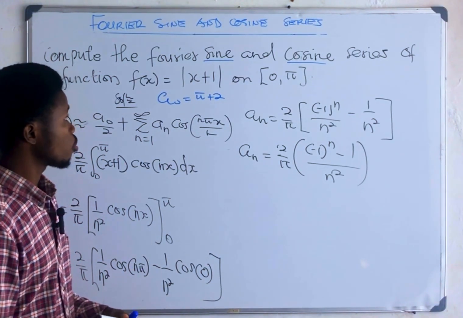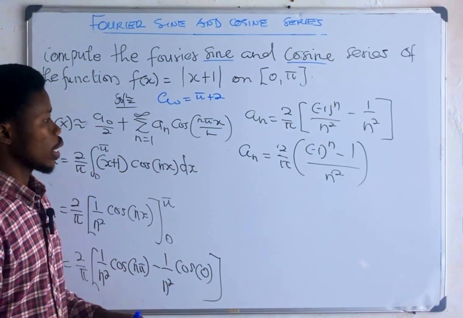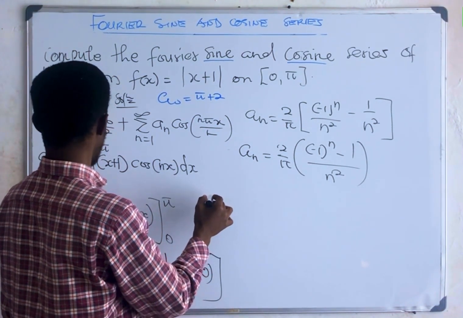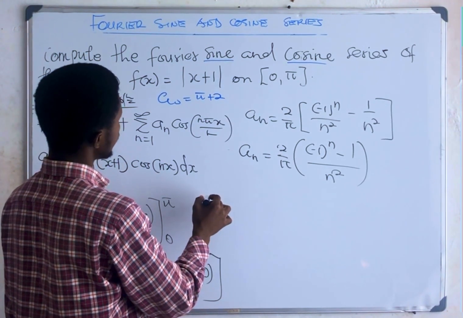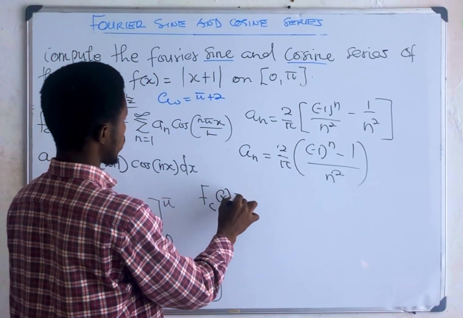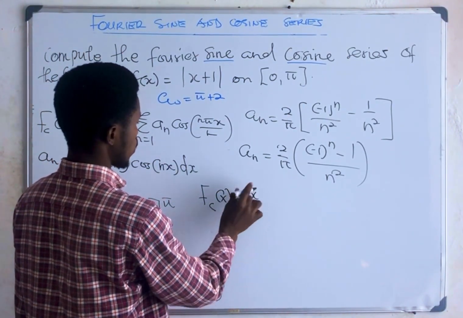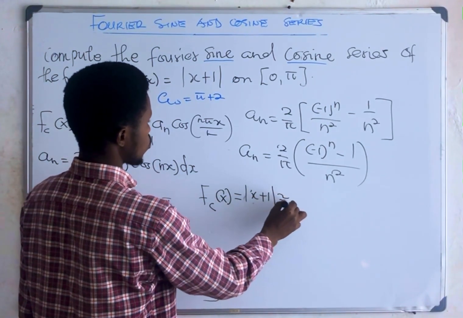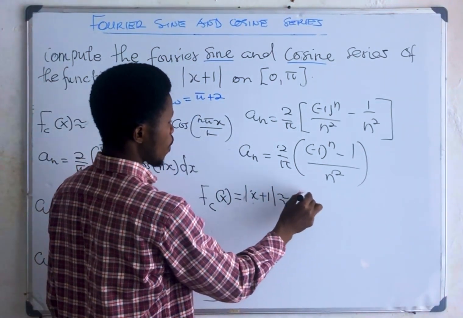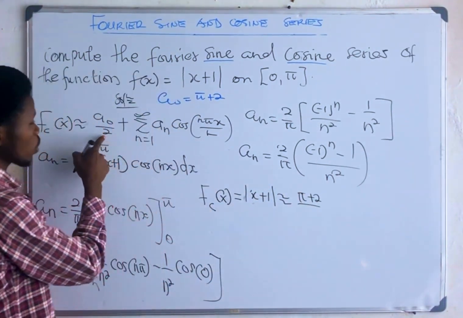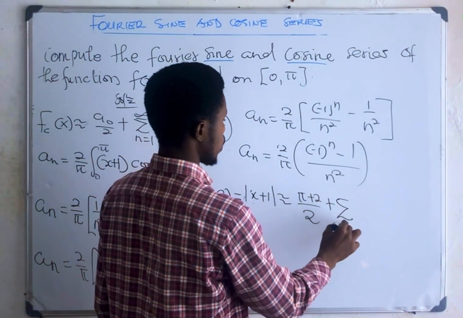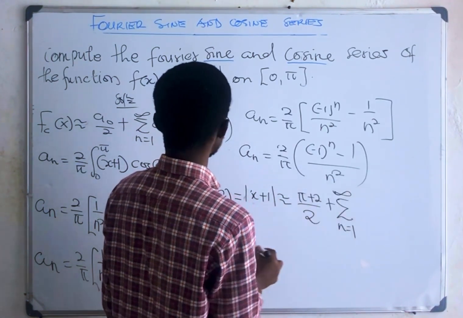Okay, so you have a naught, you have a n. So you're going to substitute. Is that okay? So f of x, which is equal to x plus 1, will be approximately a naught, which is pi plus 2, but remember a naught is divided by 2. Then plus the summation as n goes from 1 to infinity.